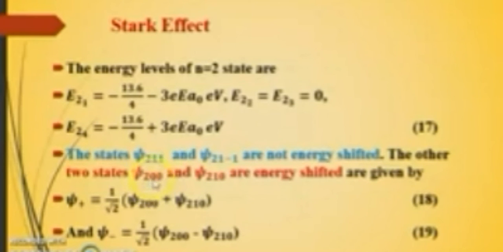For 2s l is 0 and for 2p l is 1, and these m values are 0 and 0, similar m values, and that is why they are coupled, except that these are given by psi plus equal to 1 by root 2 of psi 2 0 0 plus psi 2 1 0, and psi minus equals 1 by root 2 of psi 2 0 0 minus psi 2 1 0, similar to a symmetric state and an antisymmetric state.